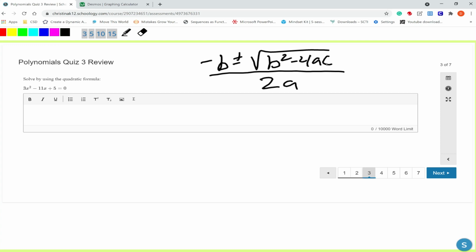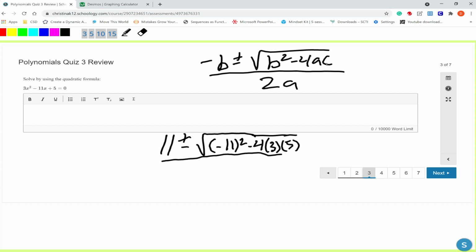So b is negative 11, so it'll be positive 11 plus or minus square root negative 11 squared minus 4 parentheses 3 parentheses 5, all this over 2 parentheses 3.